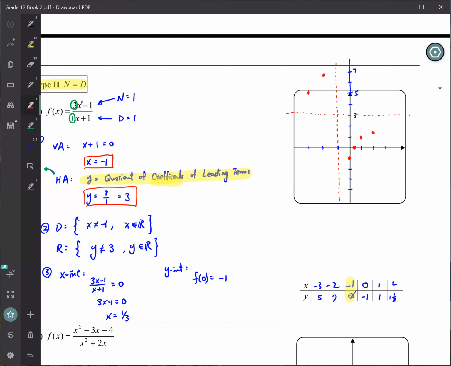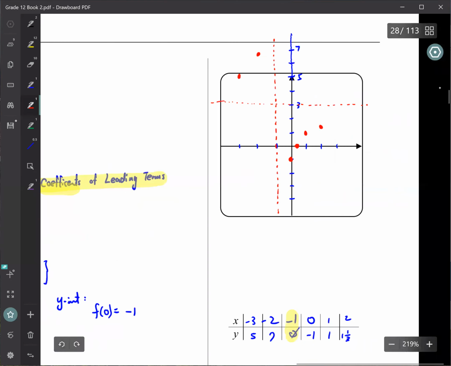Okay, so Donna, can you draw on the screen?